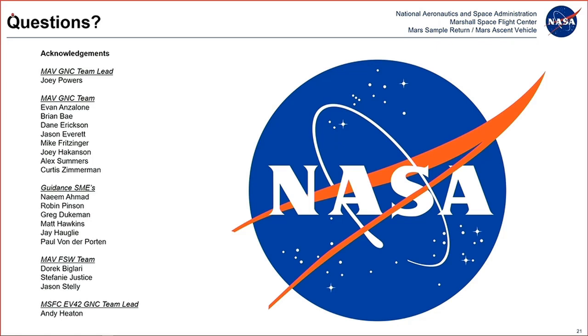Yeah, absolutely. Good question. I'm going to have to tell you to reach out to Stephanie Justice and Derek Biglari from the NASA flight software team. That was part of a design train that I was not part of. That being said, I could imagine that there are some interface simplicities with staying within one CFS app, and our code itself really isn't that large.